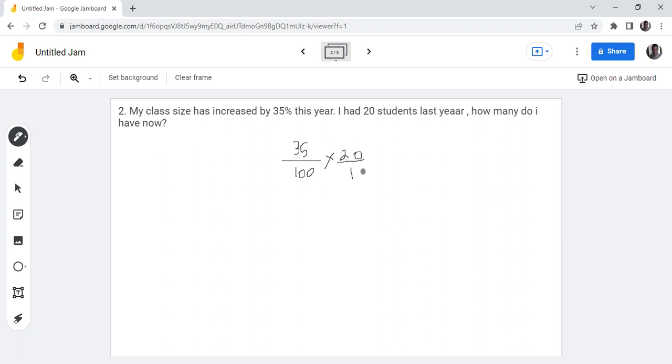When we receive that answer for 35% of 20, we'll then go ahead and add it to the 20, and the answer that we get would be how many students are in the class now.